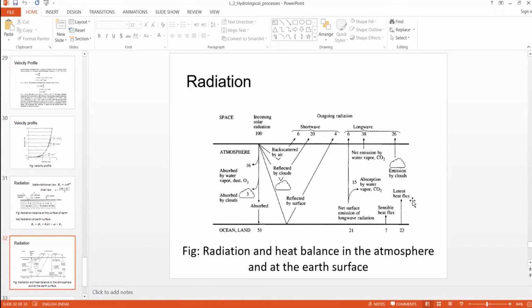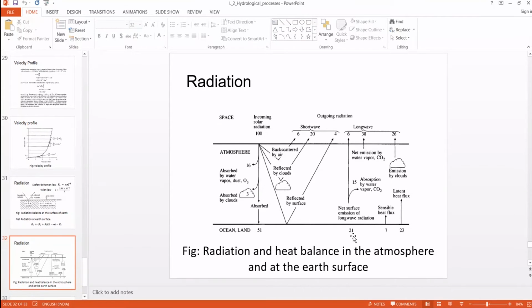The energy given for evaporation from these bodies is 23%. 7% goes to sensible heat flux, for heating the immediate atmosphere. Then the remaining 21 units are left.